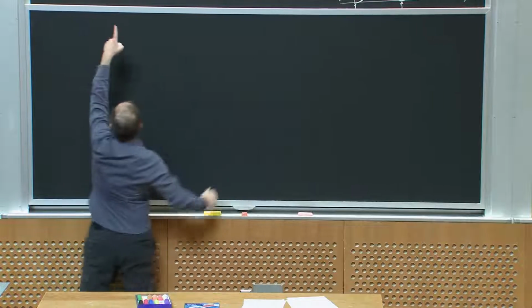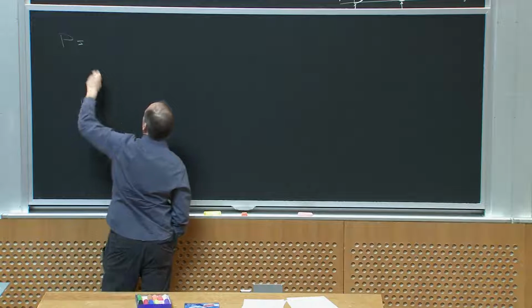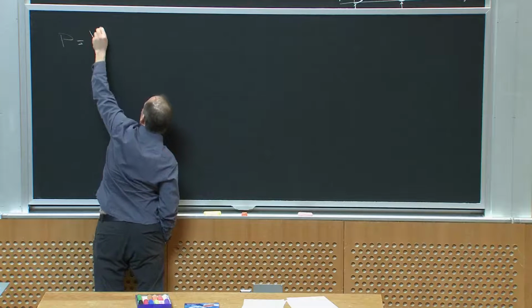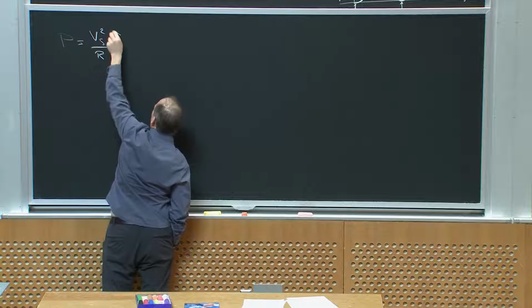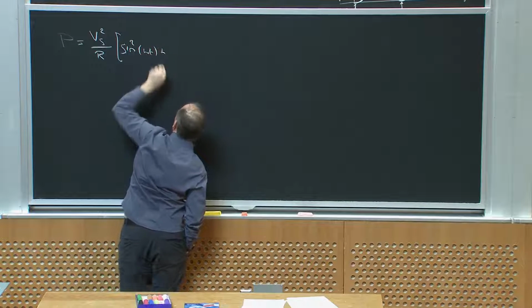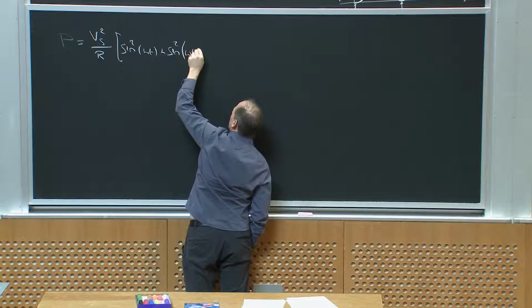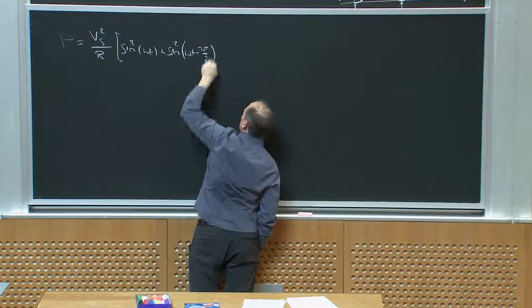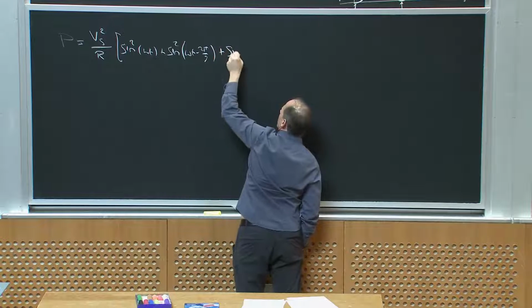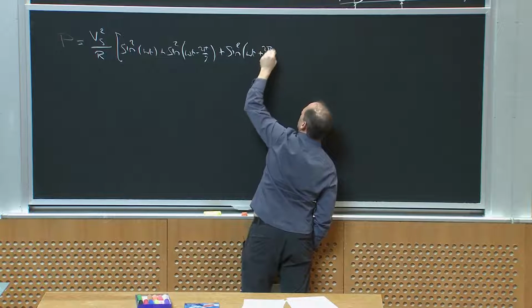The power in this case is going to be equal to Vs squared over R times sine squared of omega t plus sine squared of omega t minus 2 pi over 3 plus sine squared of omega t plus 2 pi over 3.